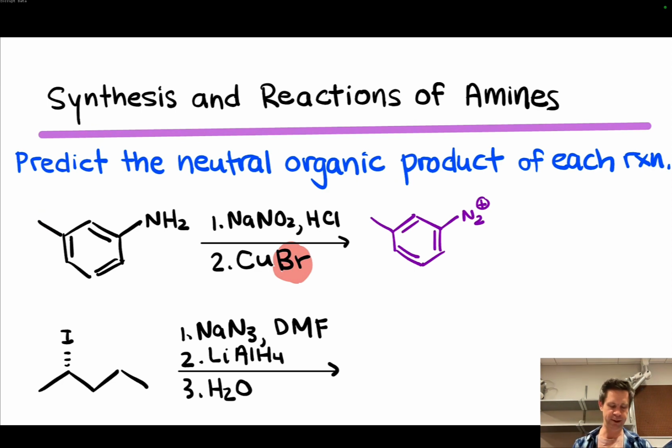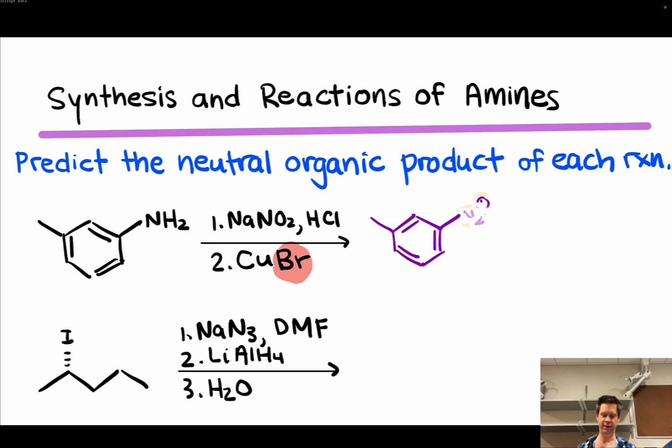So the net result here is going to be replacement of this great leaving group. Let's actually highlight that briefly, that this N2+ group is a fantastic leaving group and can be substituted by the bromide nucleophile. The mechanism here is not quite nucleophilic aromatic substitution, but you can think about it that way.